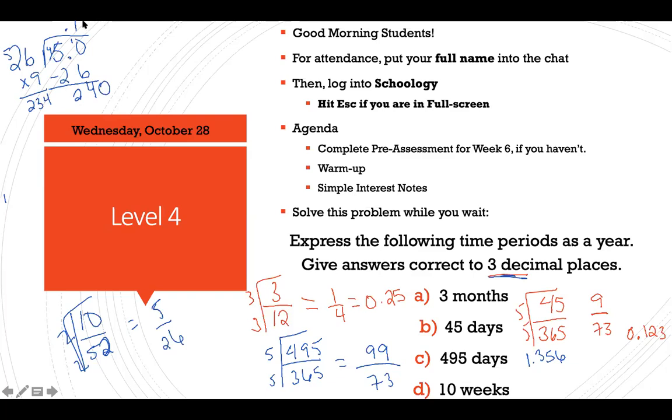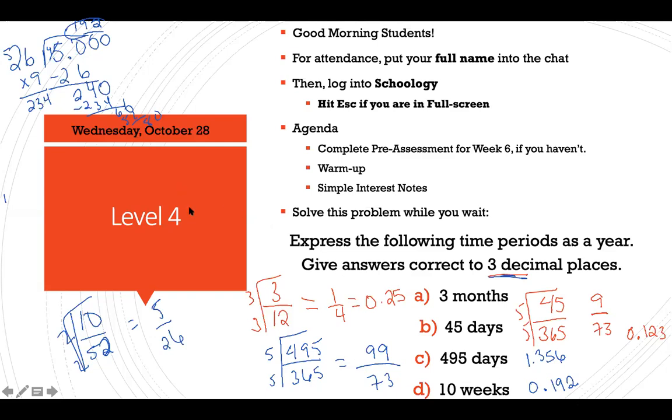So I'm going to put a 9 here above my other 0. So I have 234. That leaves me with 6. I'm going to add a 0 after that. Remember, 3 decimal places. So 26 is going to go into 60 twice. 26 times 2 is 52. That leaves me with 8. The next number is 80, which means that I can stop right here, 0.192. Those are my 3 decimal places.